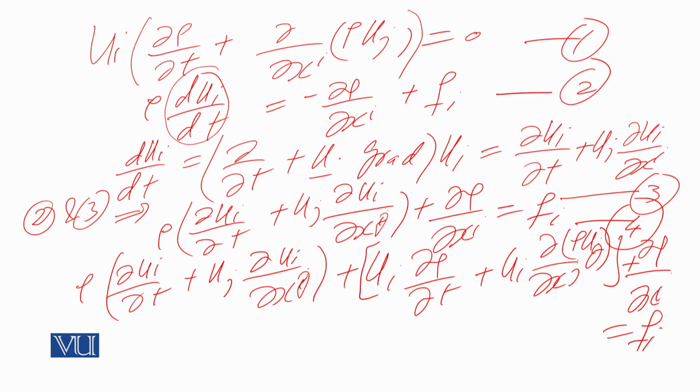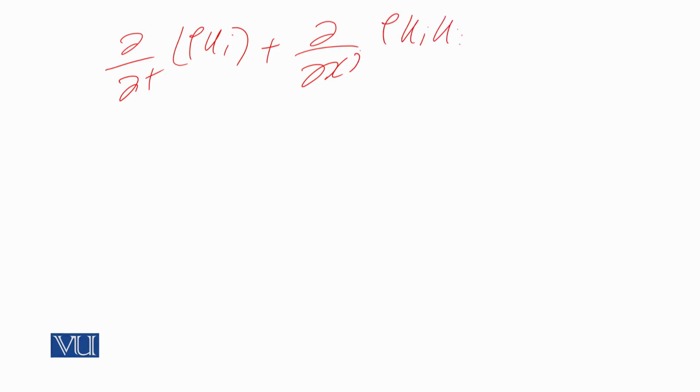So, rearranging this equation, we can write partial by partial t of rho u_i plus partial by partial x_j of rho u_i u_j plus partial p by partial x_i is equal to f_i. We have just rearranged that equation.